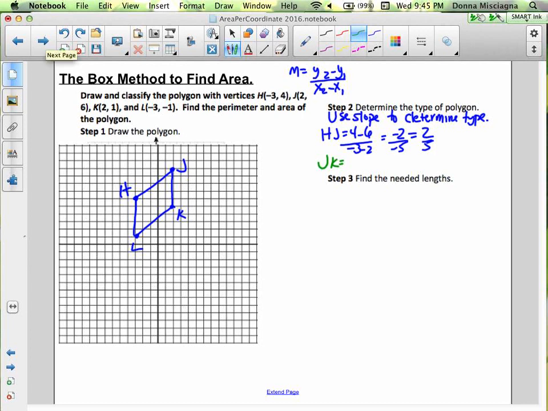That would be 6 minus 1 over 2 minus 2. Well, that's 5 over 0, so this is our undefined slope.